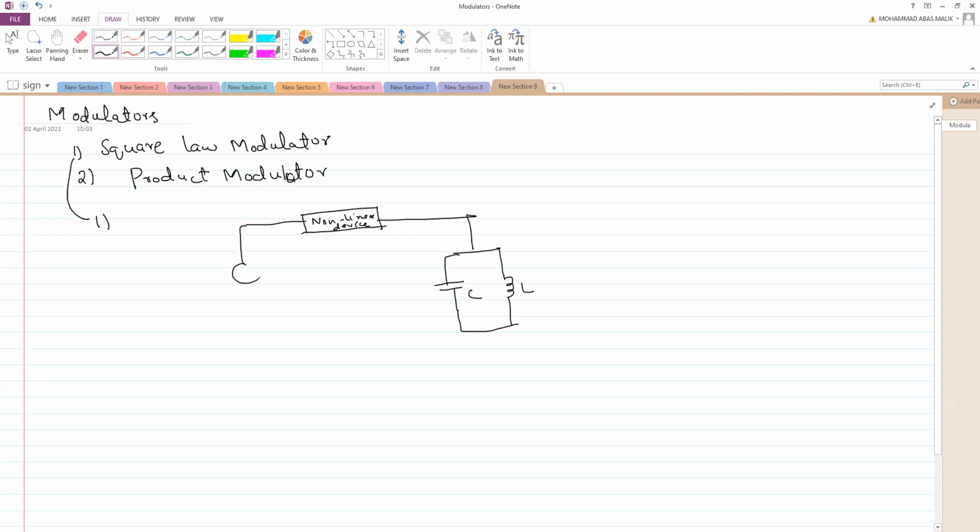Then you have two voltages. One will be your m of t, another one will be your sinusoidal carrier, A_c cos of omega_c t, right? So this value will go to this one, and this will be total V1 of t. Similarly, after the output here, this will be your V2 of t.